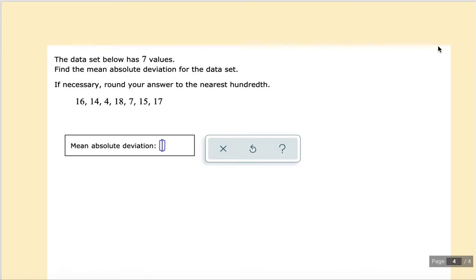What it tells us is the spread of the set. It tells us how far apart all these numbers are from each other. So a data set with a large range is going to have a higher mean absolute deviation than a data set with a smaller range.